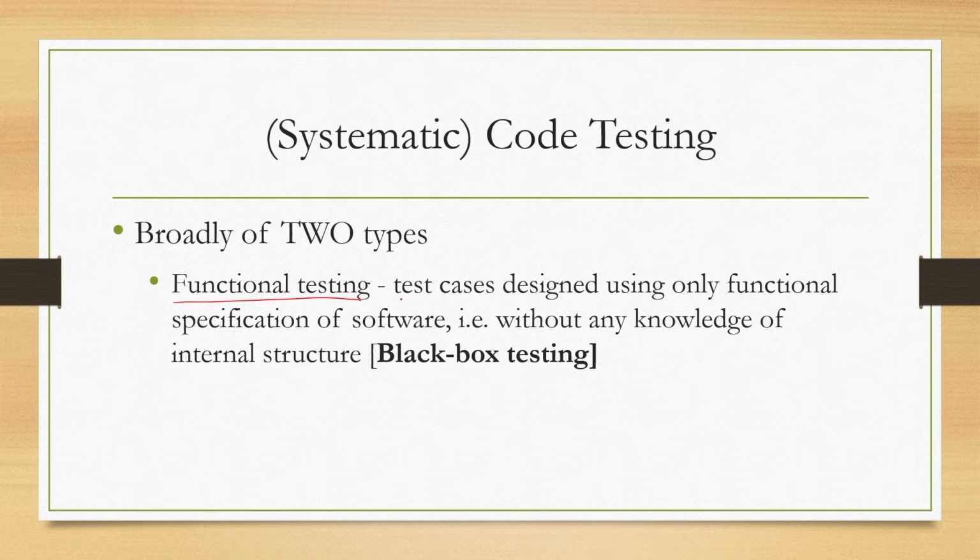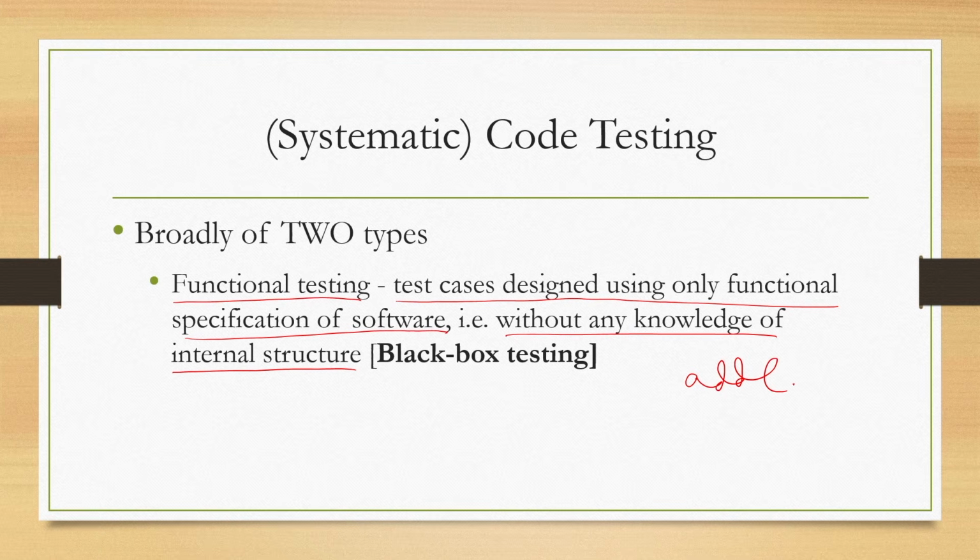Here, test cases are designed using only functional specification of the software. That means, without any knowledge of the internal structure. In other words, suppose we have written a function add(int 1, int 2), and it returns an int.